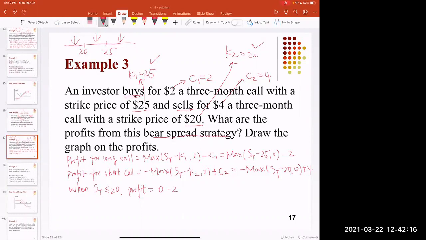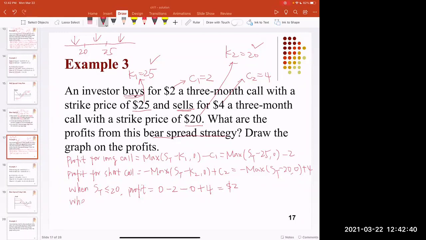So 0 minus 2, that's for the long call. And for the short call, because ST is less than 20, ST minus 20 is less than 0, right? Again, 0 plus 4. So when the stock price is less than 20, the profit is $2, right?